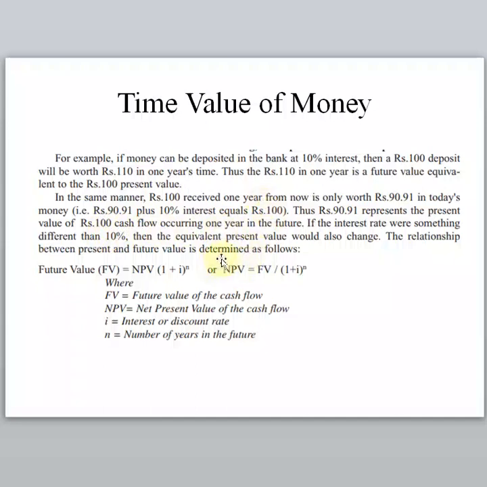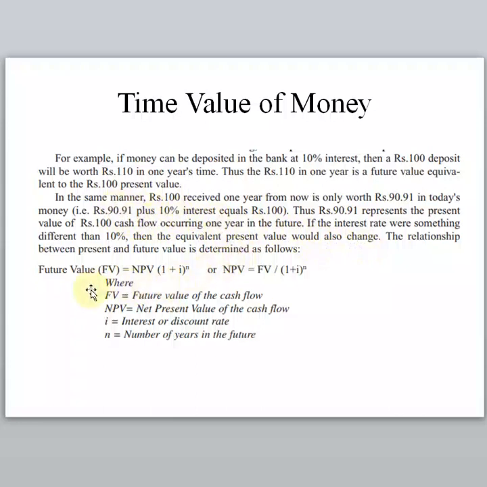If you are going to compare, 90.91 is the present value and 110 is the future value of the money. So this is the time value of money. Now if the interest rate is something different than 10%, then the equivalent present value would also change. As we have considered the interest rate as 10%, if it is 12%, then it will change.